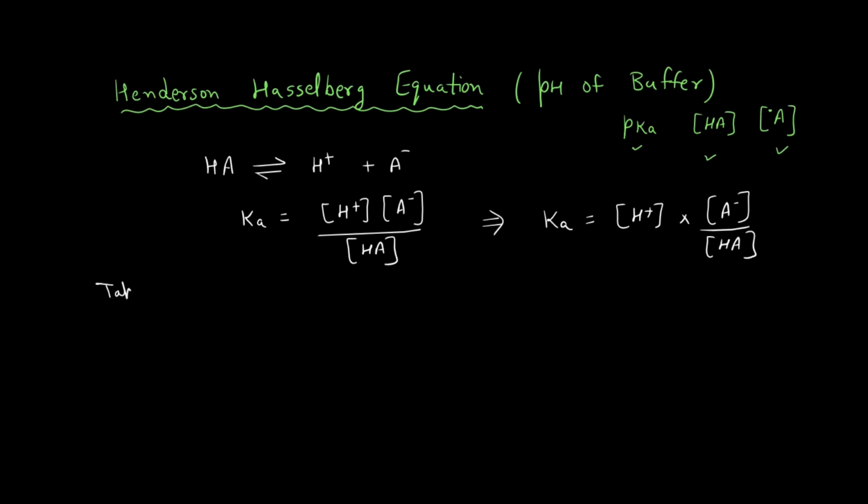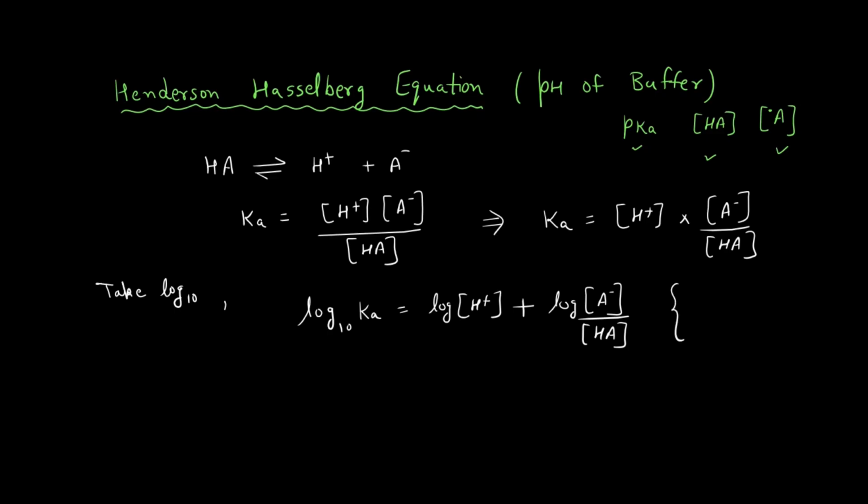Now we take the log of both sides, and we get log to the base 10 of Ka equals log of H+ ion concentration plus log of A- ion concentration over concentration of HA.